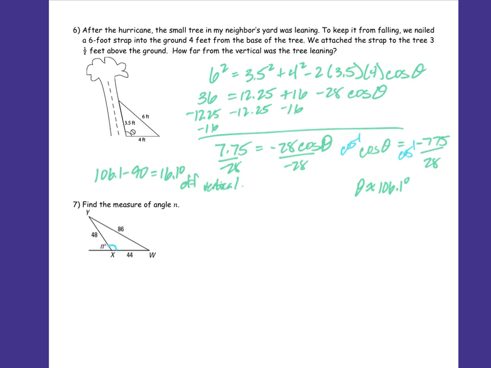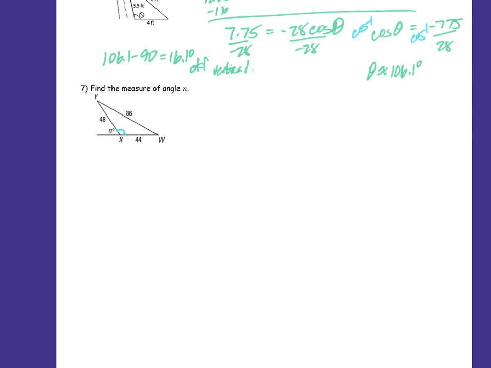So let me slide this up. 86 squared equals 48 squared plus 44 squared minus 2 times 48 times 44 times the cosine of x.